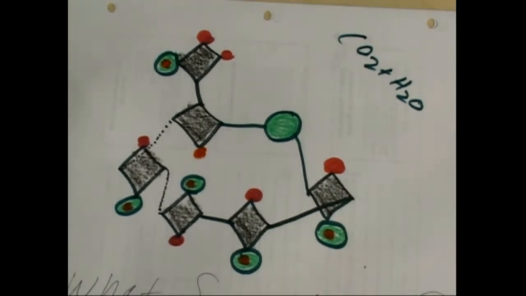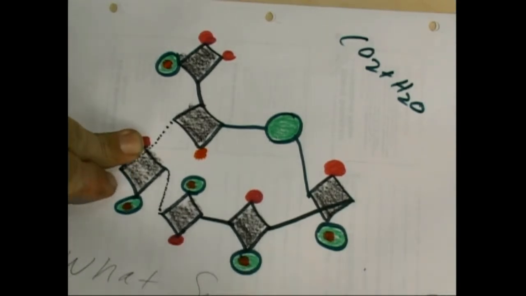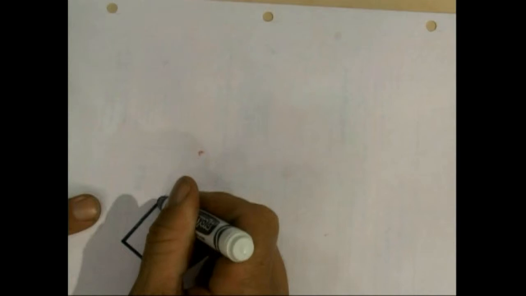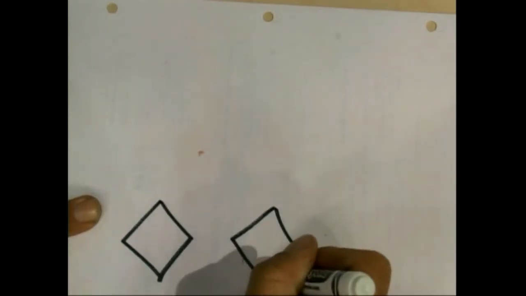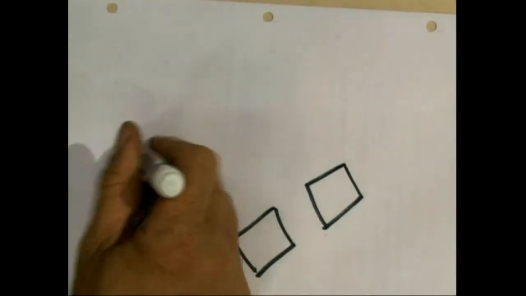So this sugar can be compared to another one. It's going to still have the same carbon structure. That's what I want to show you here. Only thing different is going to be where are the OHs. Diamond, diamond, diamond, diamond.